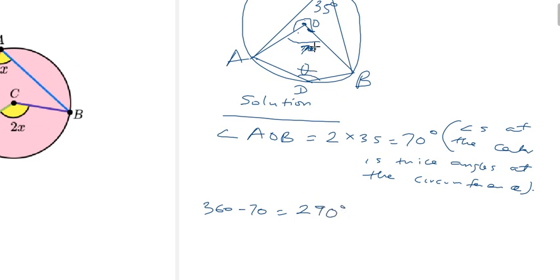If this is 290 degrees, then we can calculate this theta: 290 divided by 2, which is 145 degrees.